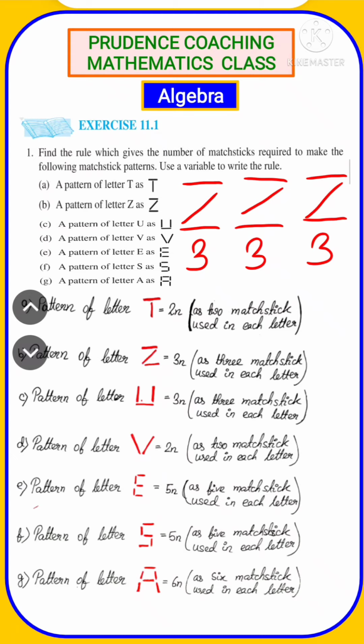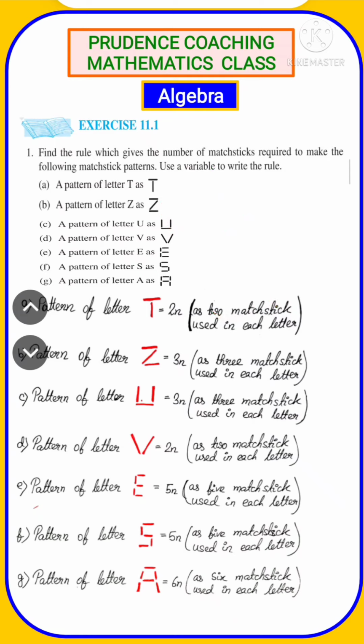So here the number of matchsticks in each letter Z is fixed, that is constant, that is 3, but how many Z's there are is not constant, that is variable. So we can take it as 3 into n, where n is the frequency of this Z, how many times Z will be made. So this is the formula, that is 3n. I think it is clear to you.